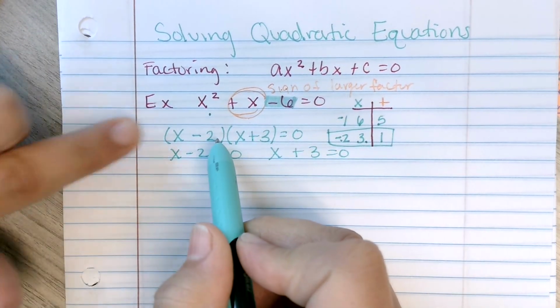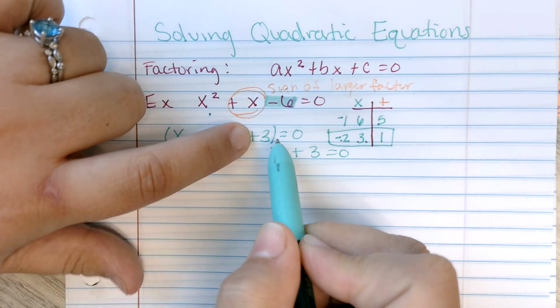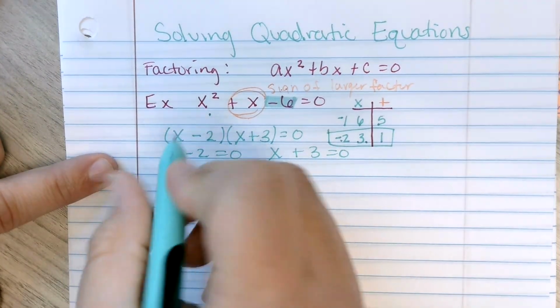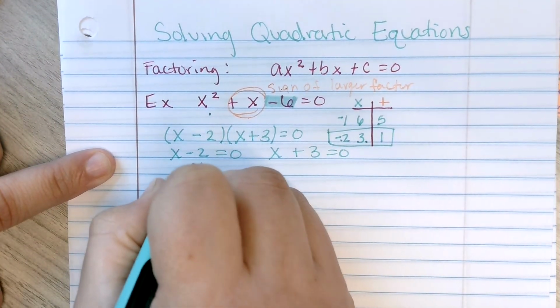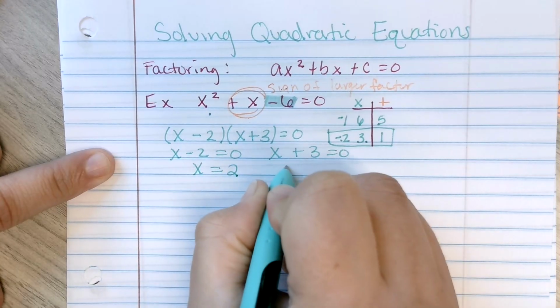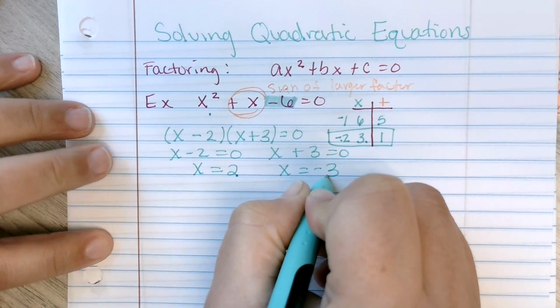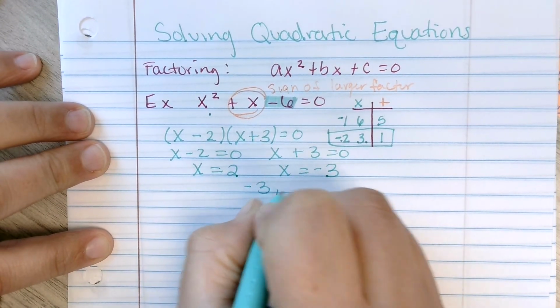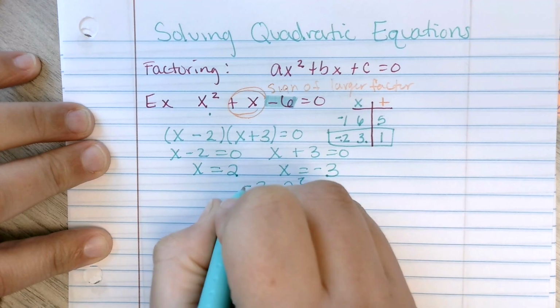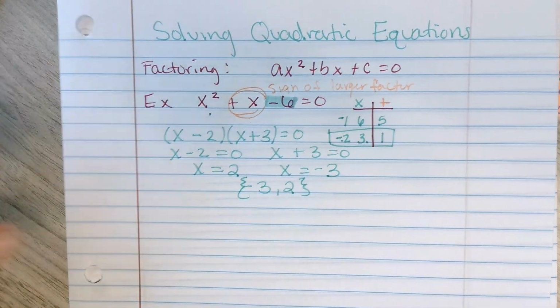So I've split each one of these factors, gets set equal to 0. When you solve this, we get x equals 2 and x equals negative 3. So you write your answer in set notation, smallest to largest, and there you go.